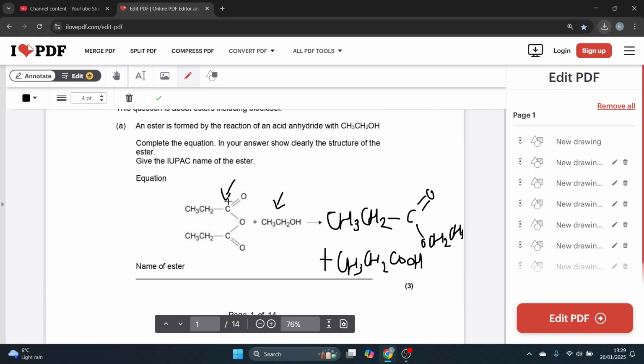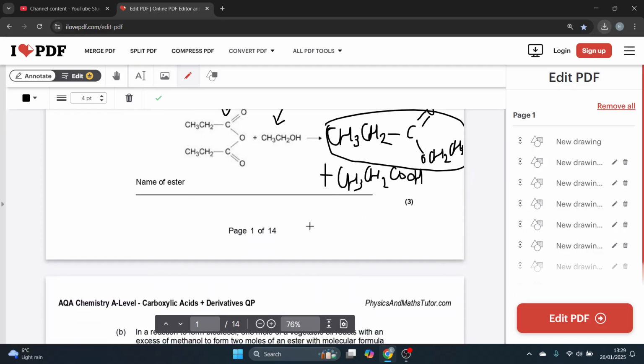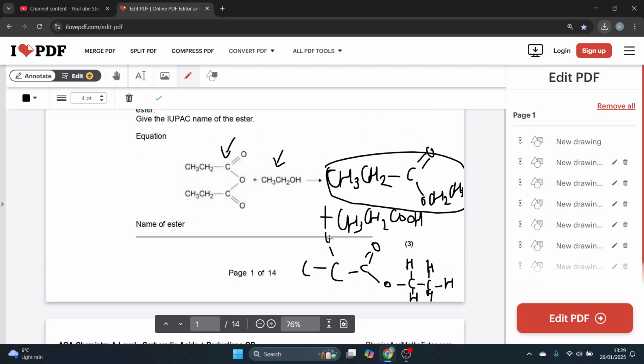Name of the ester. Let's draw it out fully. Now remember when we're naming esters, it's made up of two parts.